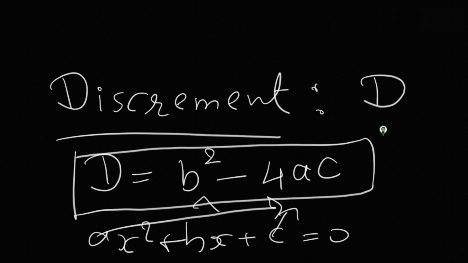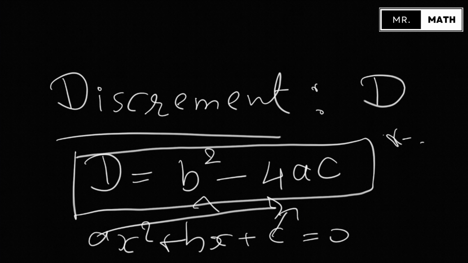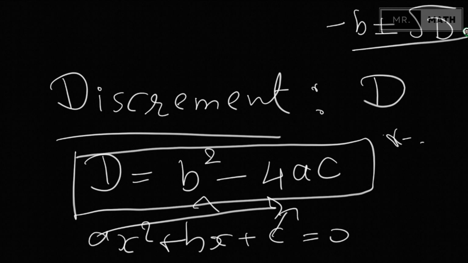If you remember, we have seen the roots, the quadratic formula: minus b plus minus under root b square minus 4ac. That was D only, correct? So you can remember it this way also. The formula is minus b plus minus under root D by 2a. So b square minus 4ac is D.